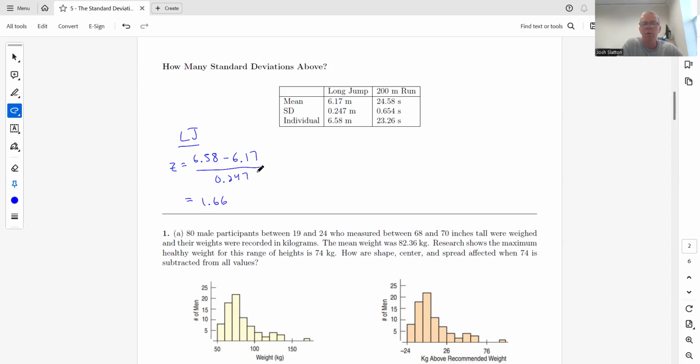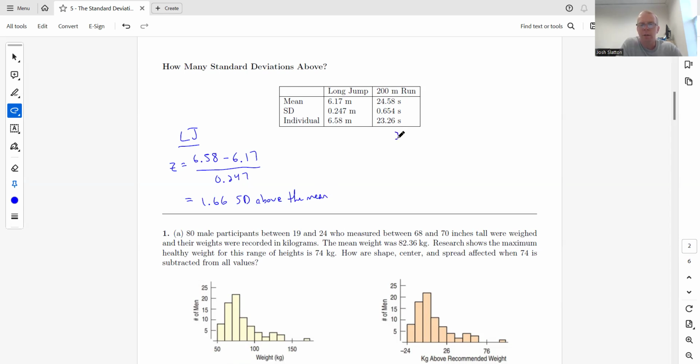So that jump, 6.58 meters, is 1.66 standard deviations above the mean. So it's a good idea to keep in mind what exactly this is telling us. 1.66 standard deviations above the mean.